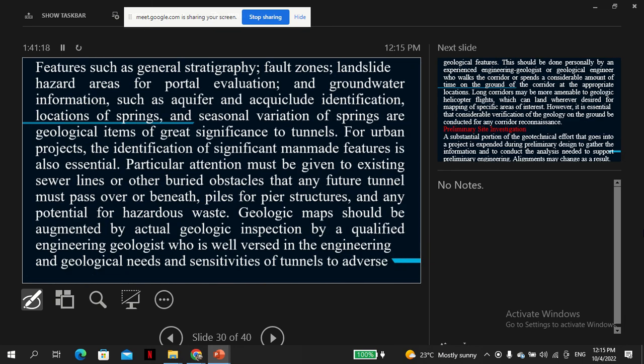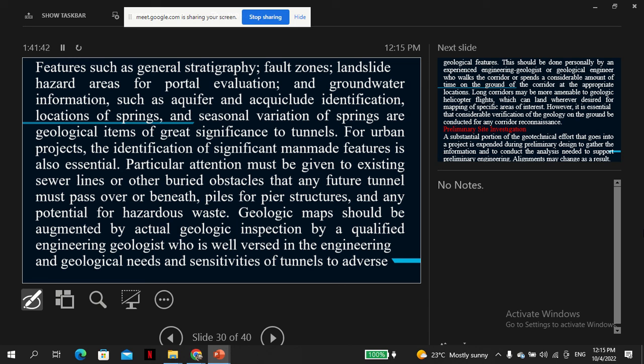So features such as stratigraphy, fault zones, landslide hazard areas for portal evaluation, and ground information such as aquifer and aquiclude identification, location of springs, and seasonal variation of springs are geological items of great significance to tunnels.